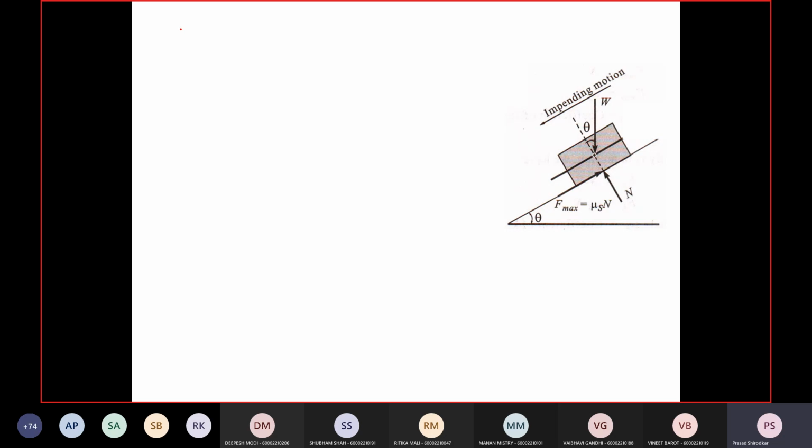So let's write the equations of equilibrium. Summation Fx is equal to 0. I'm going to take the x-axis like this. Many times I take the x-axis and y-axis along the plane and perpendicular to the plane.